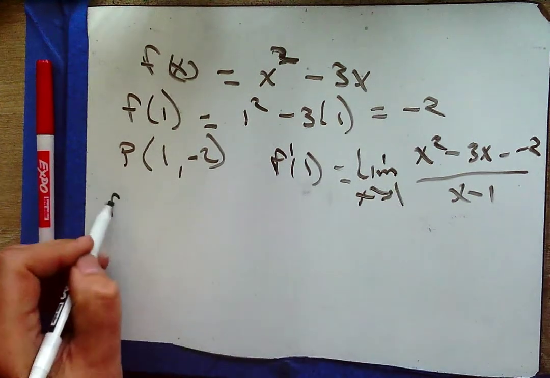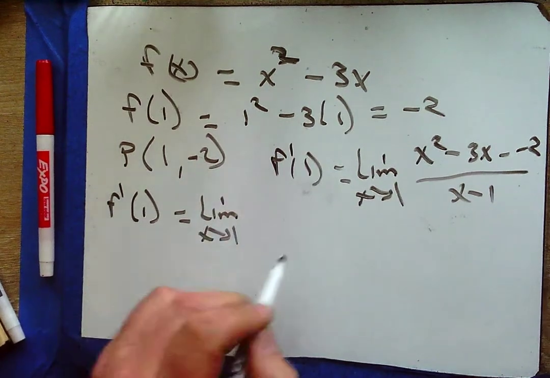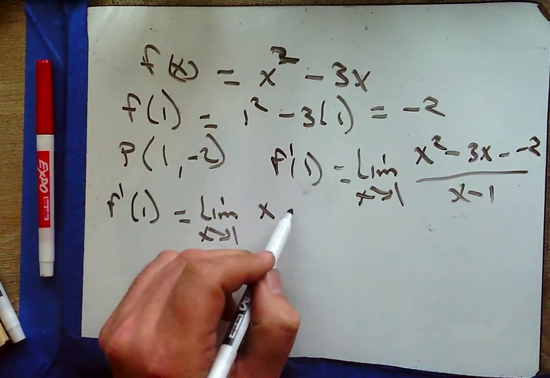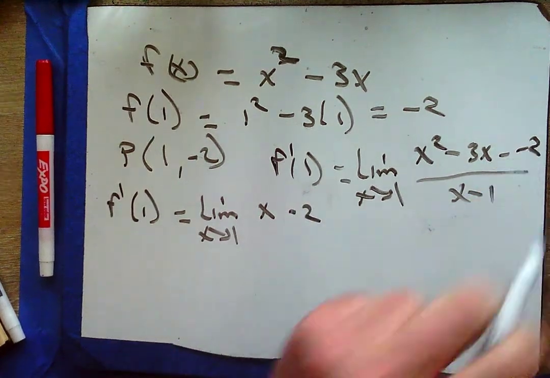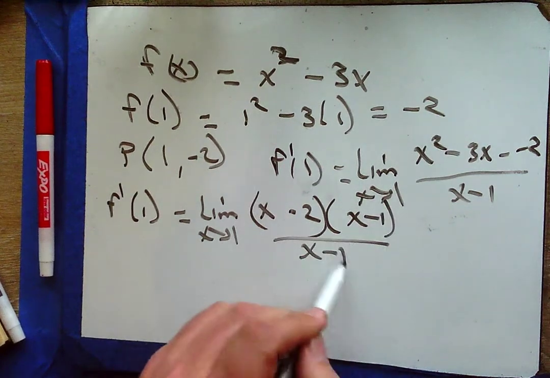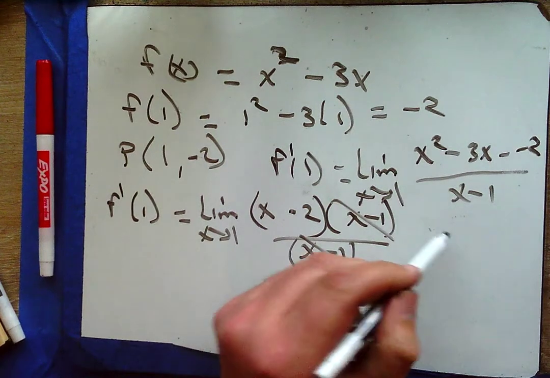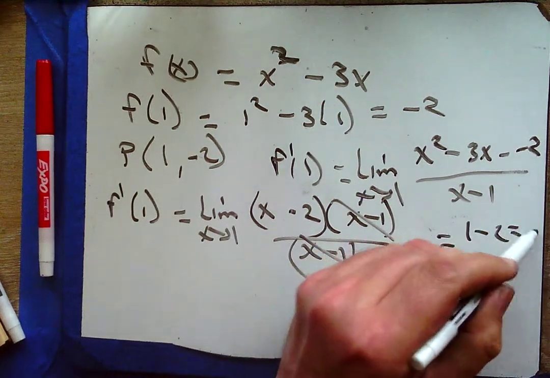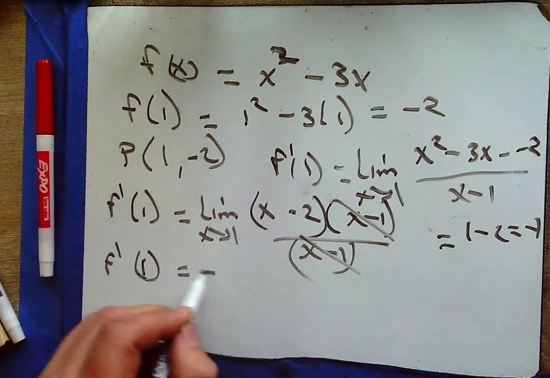So f prime of 1 is going to be the limit as x approaches 1 of x minus 2, x minus 1 over x minus 1. These cancel. Now I can plug my 1 in, and I get 1 minus 2, or negative 1. So I know f prime of 1 is negative 1.